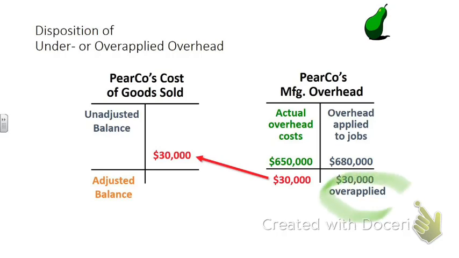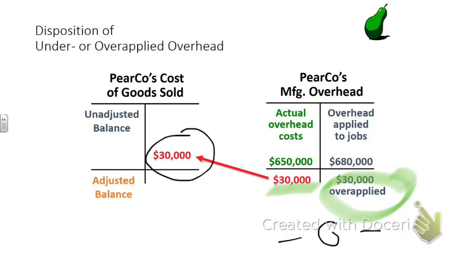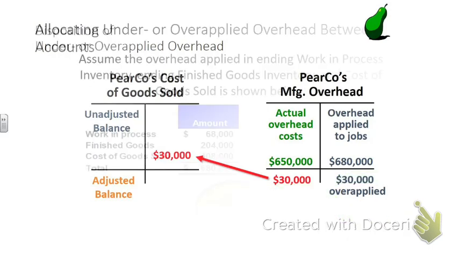I have over applied it. I've put too much on the jobs. I've got to get it off. Notice by taking that 30,000, I take this overhead account down to 0. But notice also, what do I do to my cost of goods sold? I reduce it by 30 grand, which is exactly what I wanted to do because I had $30,000 too much in expenses on that particular account.